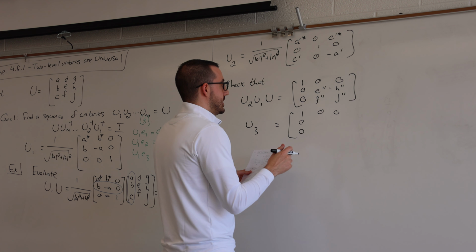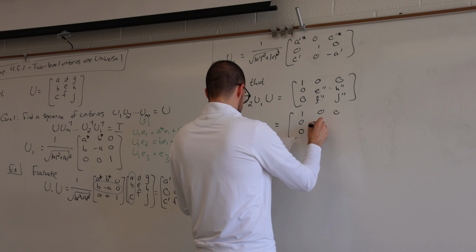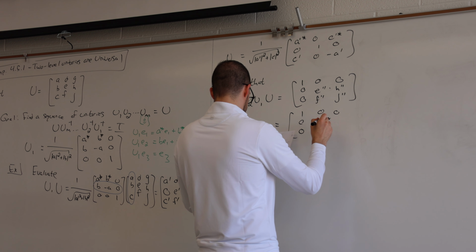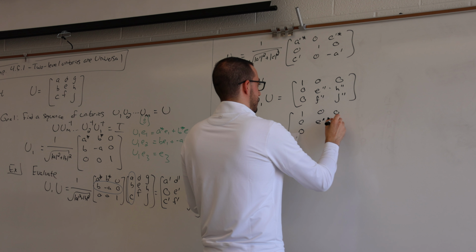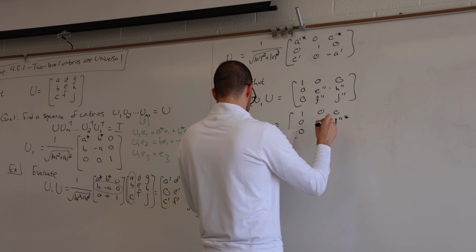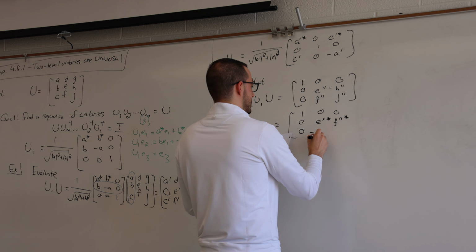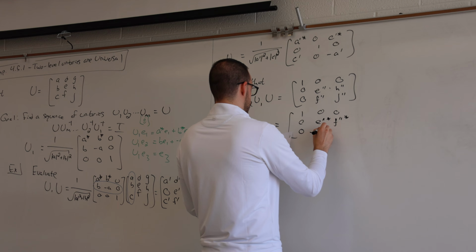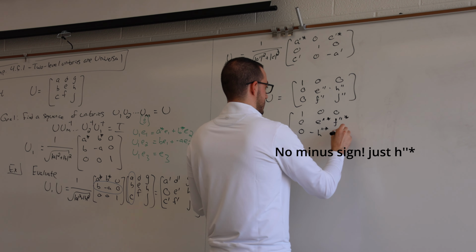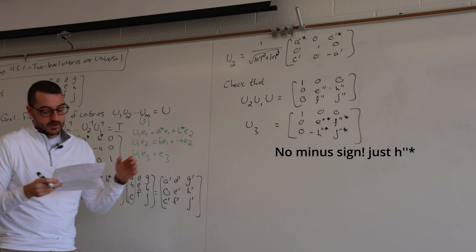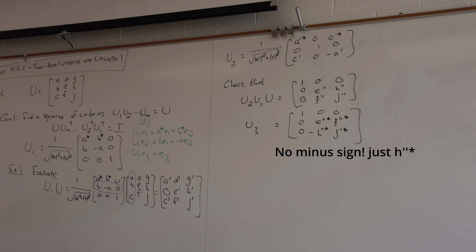I think I have this right, but I might be missing a minus sign. So E'' star, F'' star. I think it should be minus H'' star, and J'' star. Leave it as an exercise, I guess, for you to verify this.